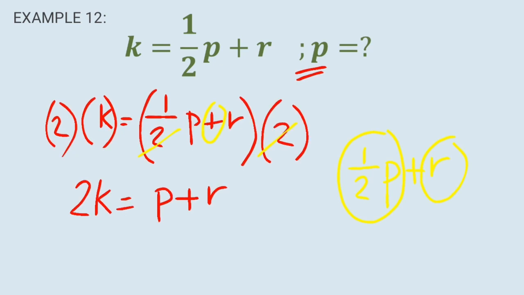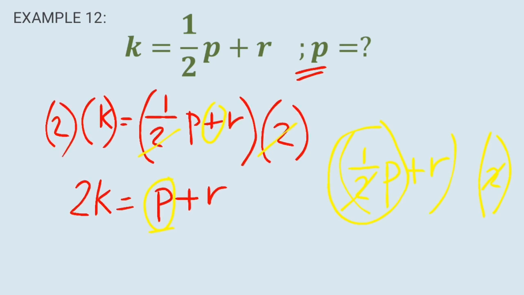So if we are going to multiply by 2 on that side, the 2 here will be cancelled out for this term only. So you are left with P in here. We are left with P.